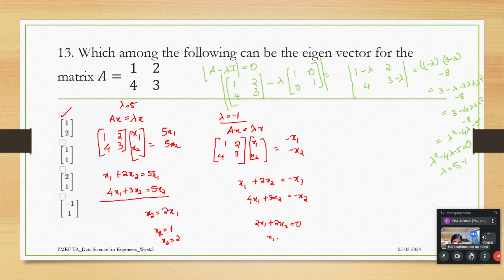That means x1 equal to minus x2. So if x1 equal to -1, x2 will be 1, and if x1 equal to 1, x2 will be -1.